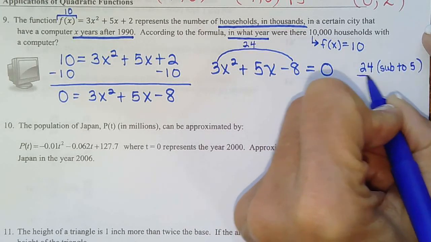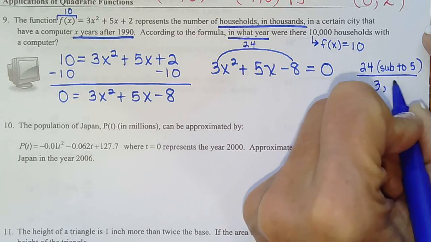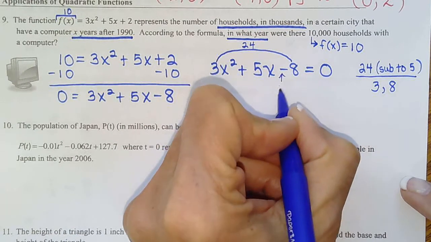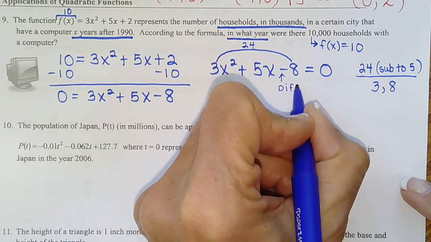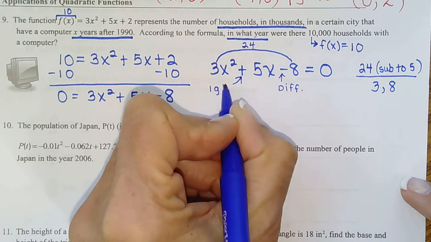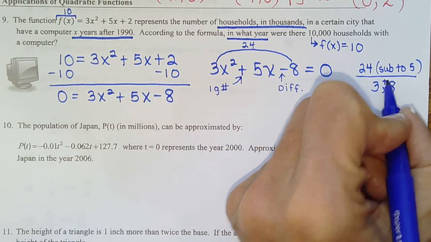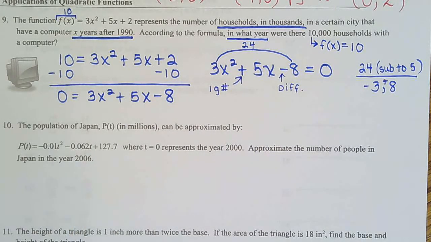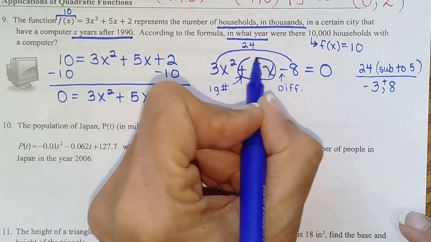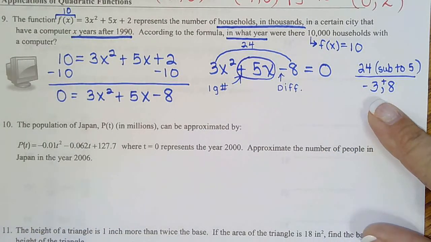So that would be 8 and 3, right? Signs different. And this one means the largest one has to be plus. So positive 8, negative 3. So now we're going to take out this middle term and replace it with these two values.